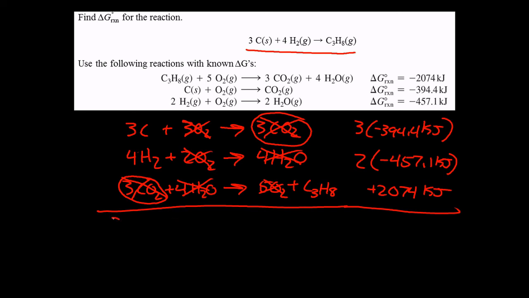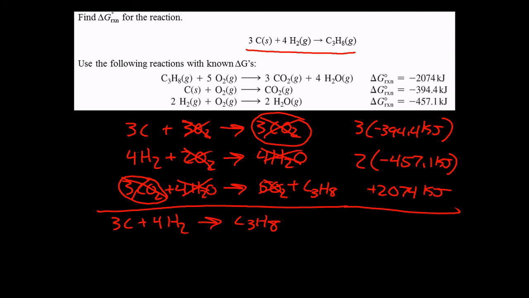And so I'm left with 3 carbons plus 4 H2 goes to C3H8, which is indeed the equation that I'm trying to make. And so because I can add the equations together to get the equation that I want, I can also add the delta G's together to get the delta G that I want.